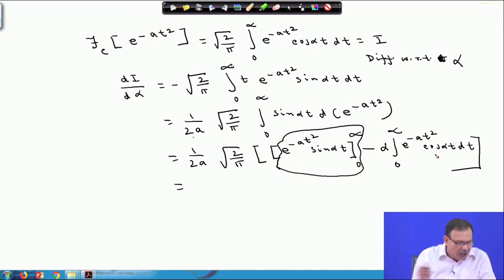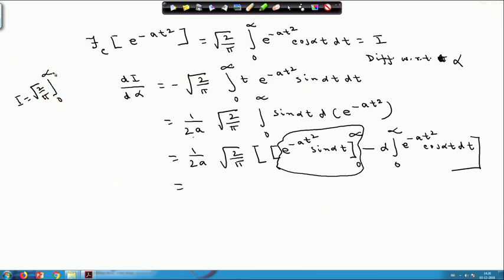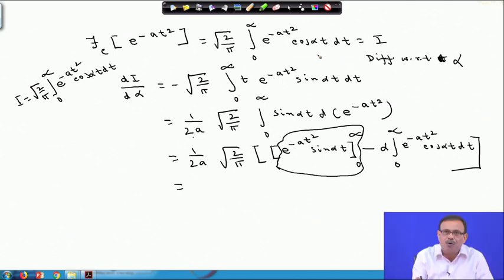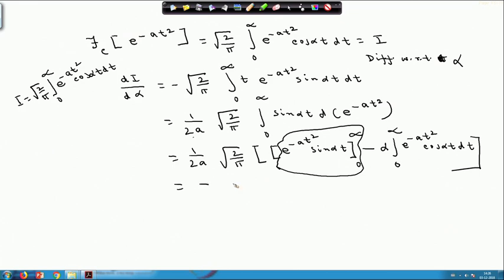If you remember, I have chosen I as this thing, I was root over 2 by pi 0 to infinity e power minus a t square into cos of alpha t dt. This is your I. So, this part is basically nothing but the I, and the first part vanishes. So, I will obtain minus alpha by 2a into I.